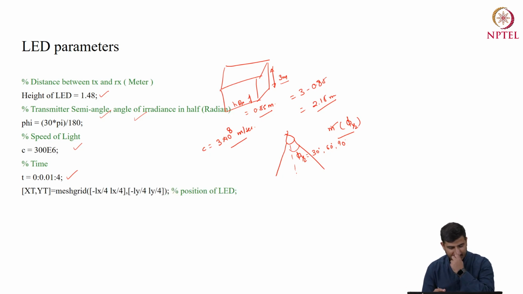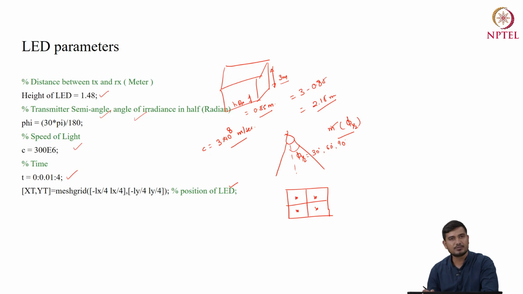Again, now as I have discussed earlier, what should be the position of LED? As I have mentioned, we can deploy LED generally in transmitter plane in rectangular configuration, where we divide this transmitter plane into the sub grids and deploy an LED at each grid at the center of it. So if you can see here, if the dimension is from minus x to plus x, and this width is from minus y to plus y, the LED will be in the center of each coordinate.